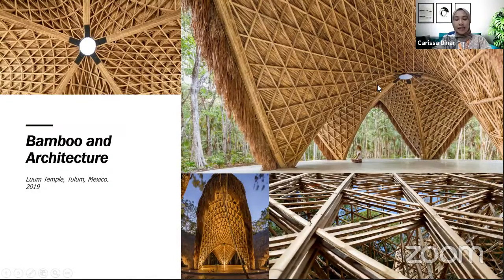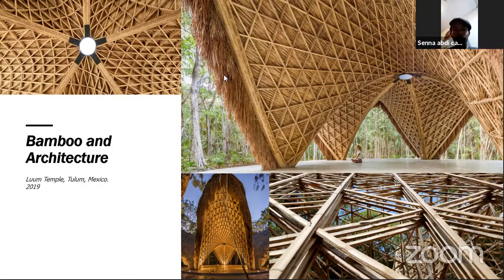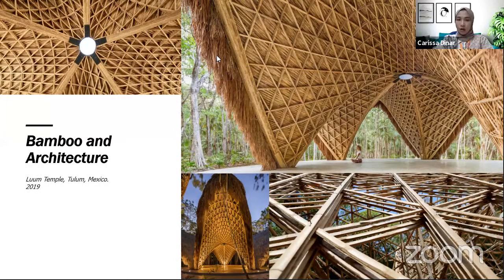The designer designed the structure with parametric software and worked in close communication with the builders and an engineer specializing in bamboo structures. The structure was designed and calculated to resist hurricane forces. The bamboo for the project was farmed locally, and on the exterior, a layer of local grass thatch roof, typical of the region, protects the structure from the rain and allows the structure to breathe in the humid tropical climate.